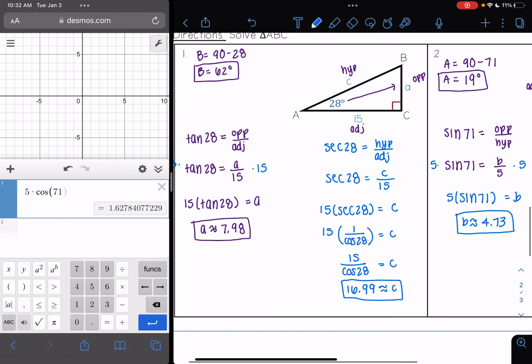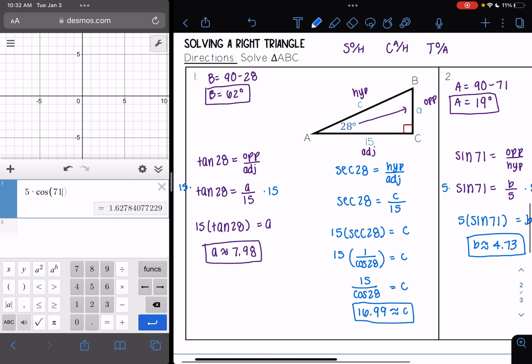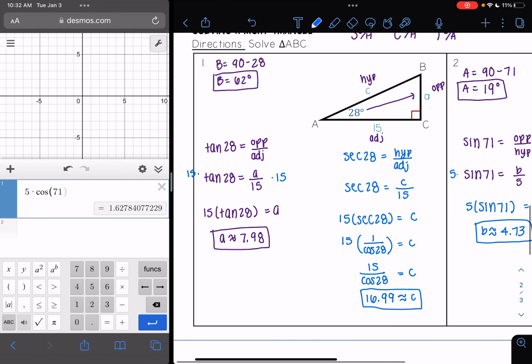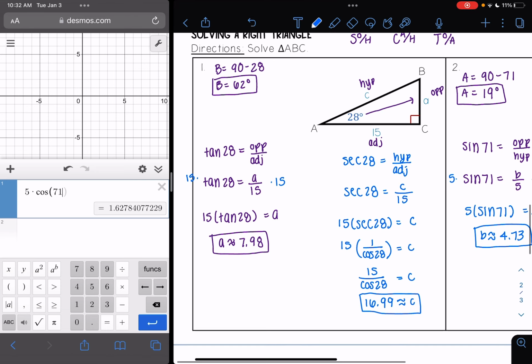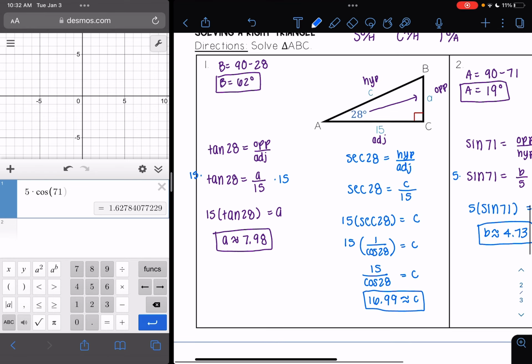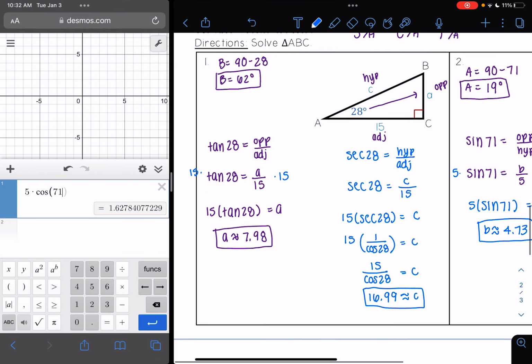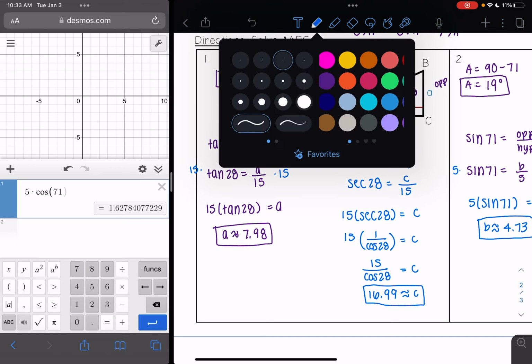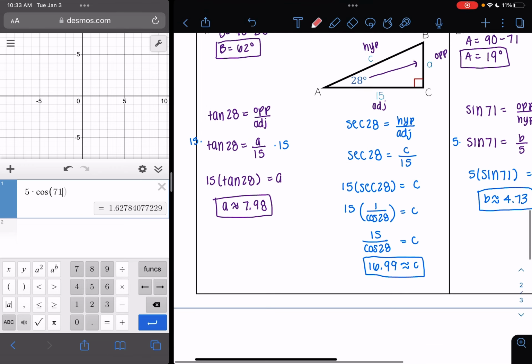So back on the first problem, I want to go ahead and show a different way that we could have done this where adjacent wasn't in the denominator. And so we were trying to find our hypotenuse here. And so another way I could have done it was doing the cosine of 28. So let's go ahead and look at that. So I have cosine of 28 is going to equal adjacent over hypotenuse. My adjacent is 15, so I'd have 15 over C. So here it's a little bit different.